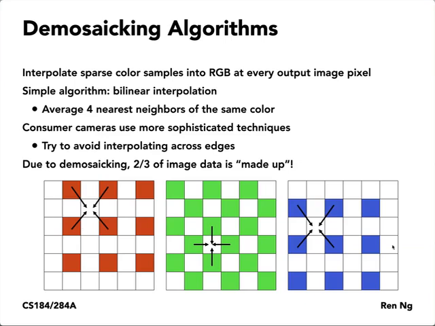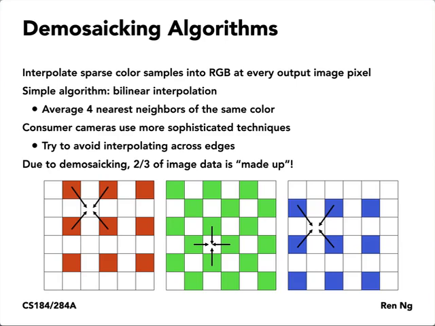That could work, but it turns out it won't be the sharpest possible result. You'll end up with over blurring. You may also have more aliasing than is necessary. You could put your aliasing image processing thinking cap back on to reason about why. In any case, for demosaicing, we need to do this. And so you can see 2/3 of the image data is going to be made up, in this kind of a color architecture.